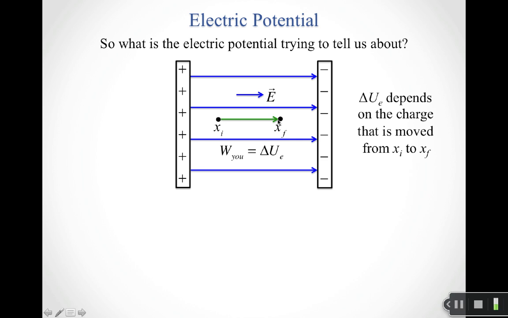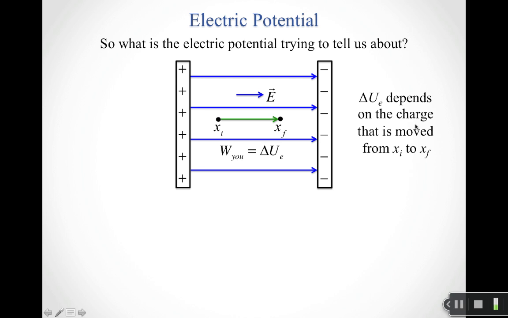It wants to move towards that positive plate. So I would increase the potential energy of a negative charge by moving it from this initial position to this final position. So for a positive charge, the potential energy would decrease in following this path. For a negative charge, it would increase in following this path. So again, the change in the potential energy depends on the charge.